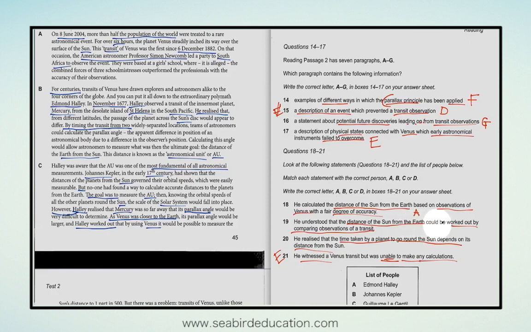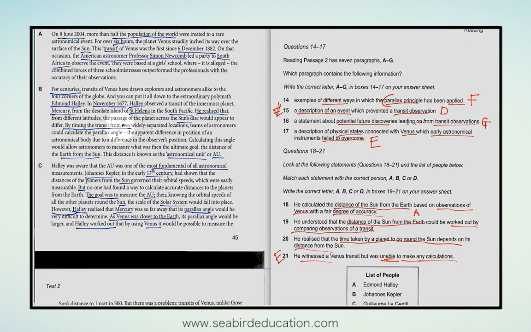He understood the distance could be worked out by comparing observations of transit. Hang on, he realized that from different latitudes, the distance of the person differs.